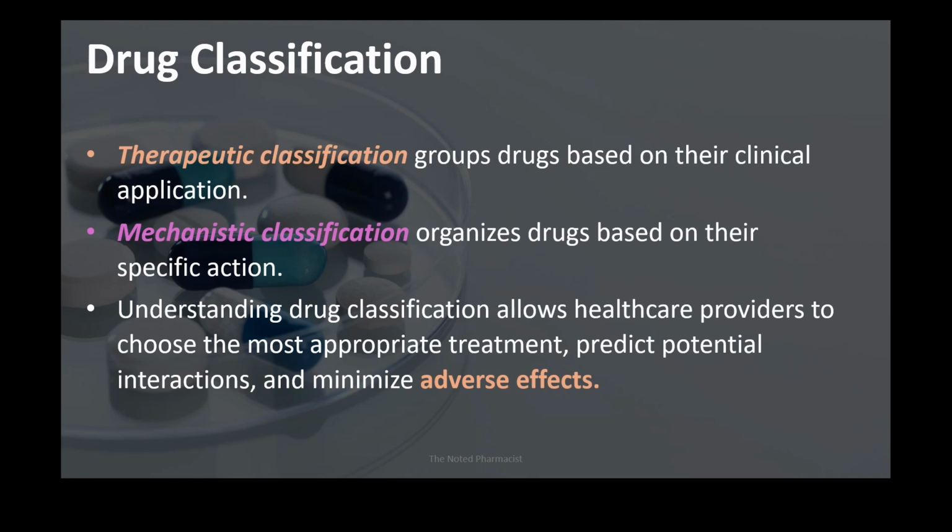Beta blockers like propranolol, for instance, are classified as adrenergic receptor antagonists because they work by blocking beta-adrenergic receptors to reduce heart rate and blood pressure. Understanding drug classification allows healthcare providers to choose the most appropriate treatment, predict potential interactions, and minimize adverse effects.